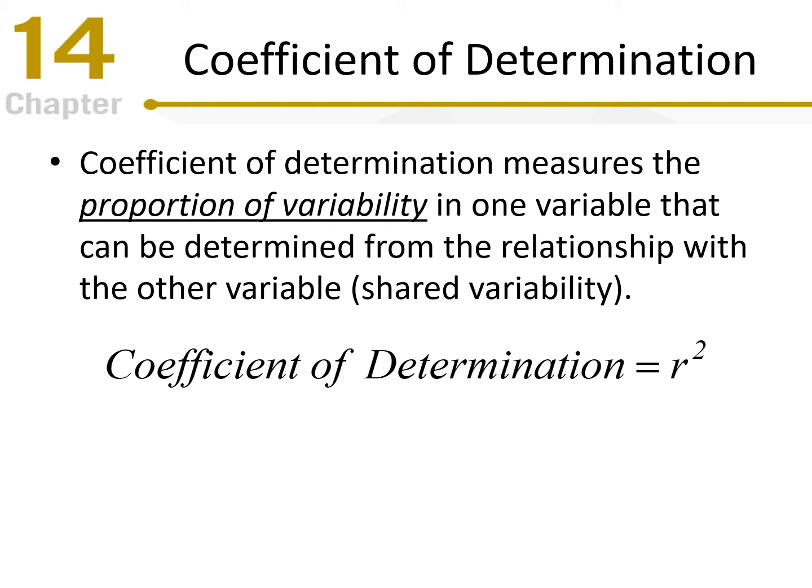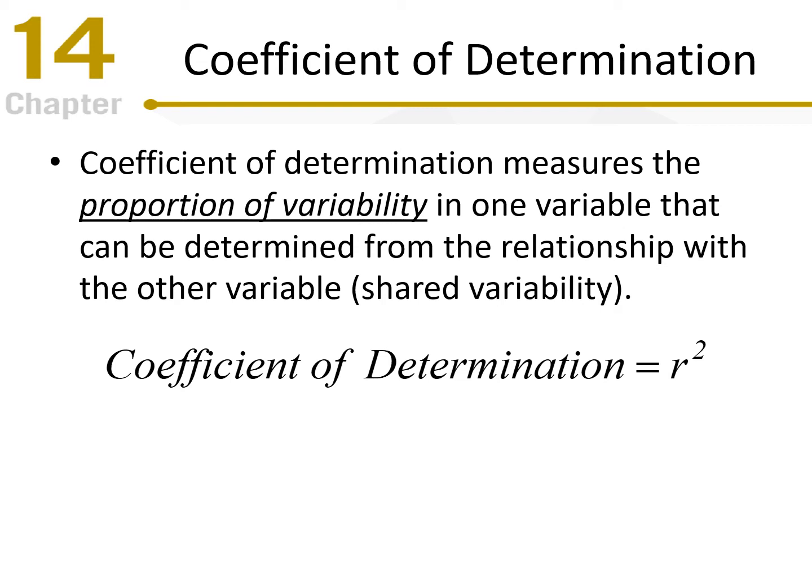So how much of the variability in your Y variable can I explain by my X variable? And the stronger your correlation is, the bigger this R squared value is going to be. Obviously, if your correlation is 1, then you explain 100% of the variability in Y by X.